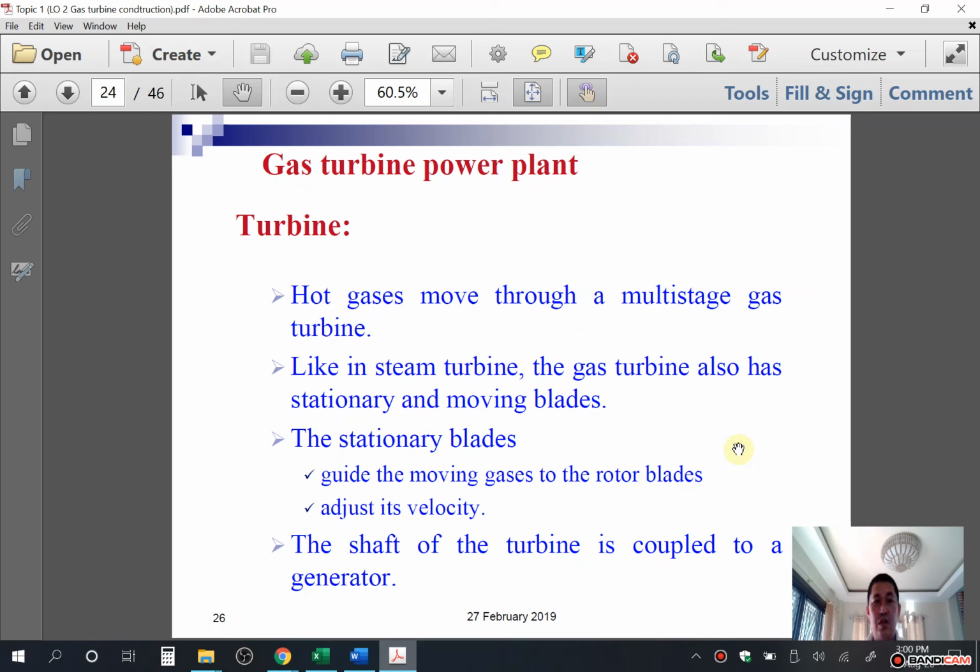Hot gases, so here in the turbine, hot gases move to a multi-stage turbine. Like in a steam turbine, the gas turbine also has stationary and moving blades. The stationary blades guide the moving gases to the rotor blades and adjust its velocity. The shaft of the turbine is coupled to a generator.